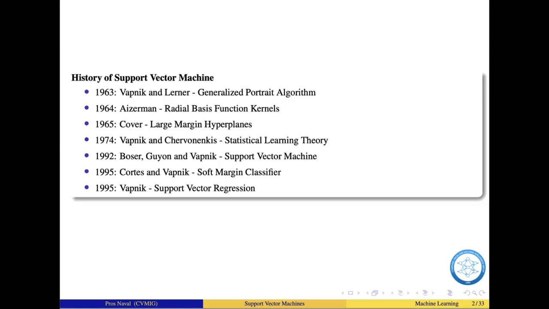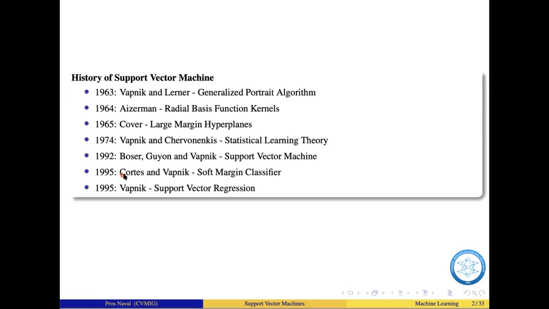In 1974, Vapnik and Chervonenkis started working on statistical learning theory. And the culmination of their work was this paper in 1992 by Vapnik and his collaborators, where they presented the support vector machine paper at the COLT conference.